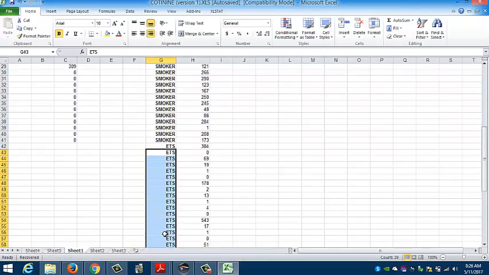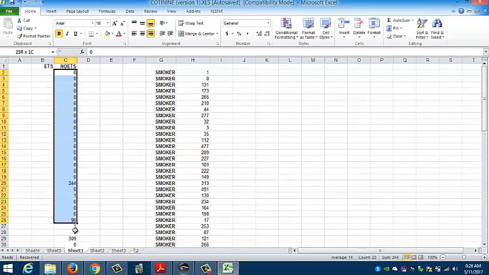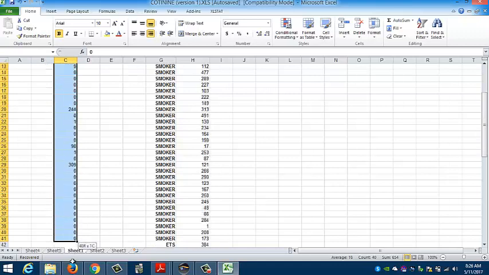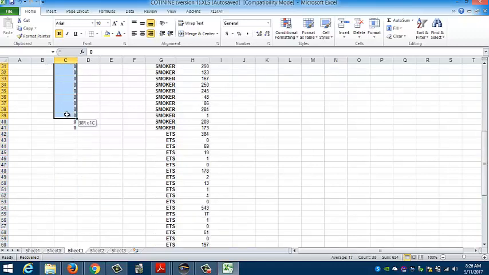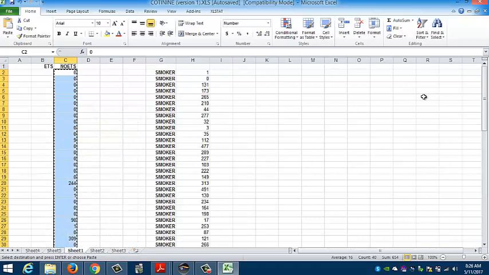Okay. So now we want to do the same thing for no exposure to smoke. The no exposure to smoke column, here's my data. This time I'm going to choose cut because I want to actually move it.